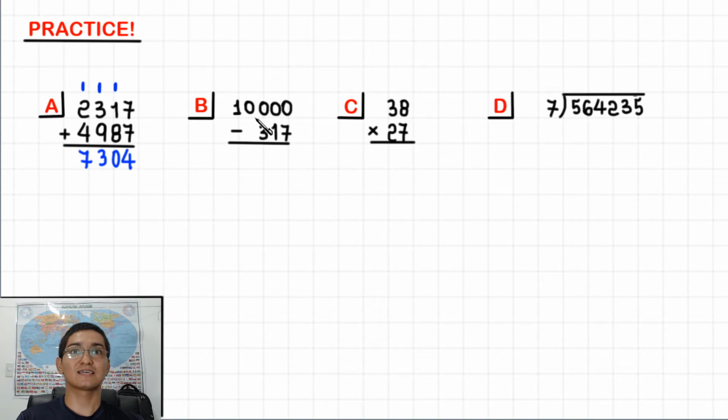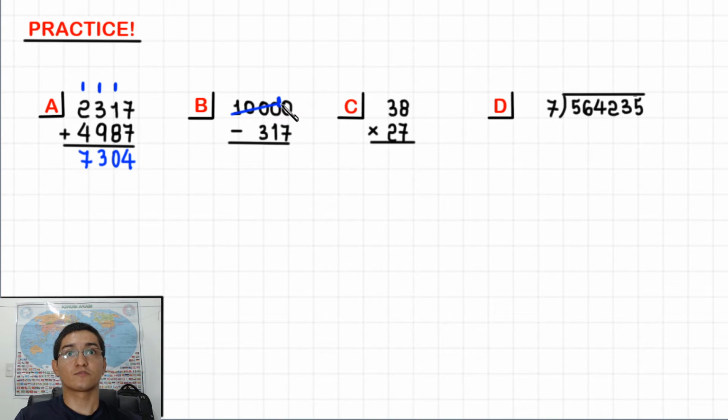Okay, now we move on to the subtraction. Here we have 10,000 minus 317. We start by looking at the ones place, okay? We cannot take 7 out of 0. What we do is we try to see this as 1,000 here, okay? And we take 1 out of 1,000. This is one way to do it.